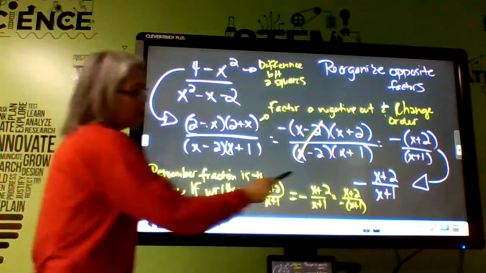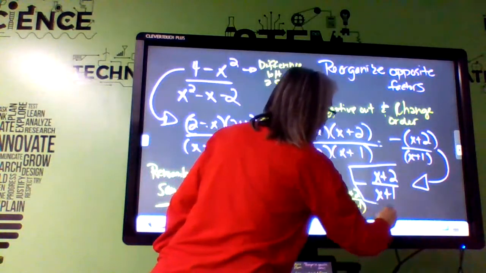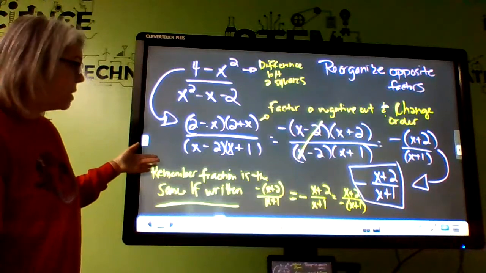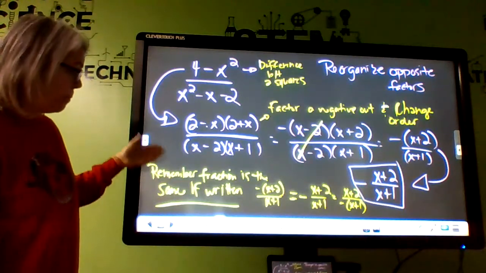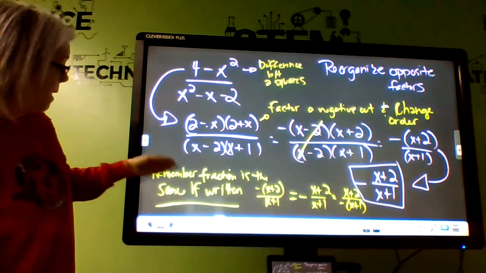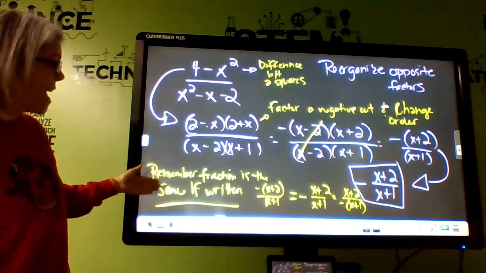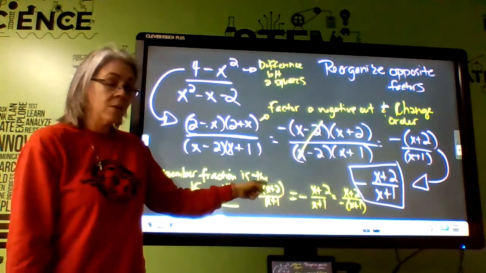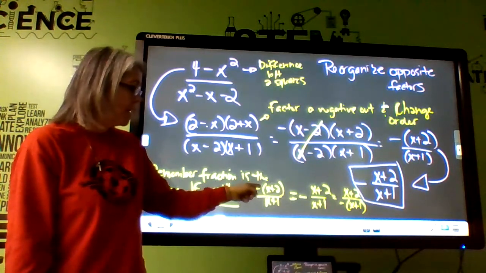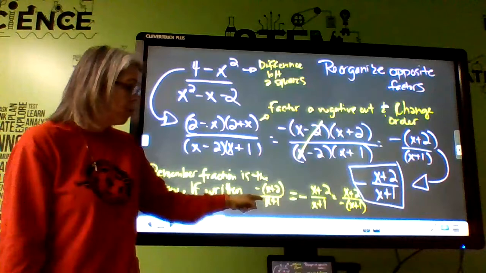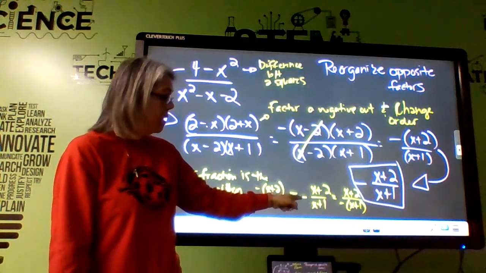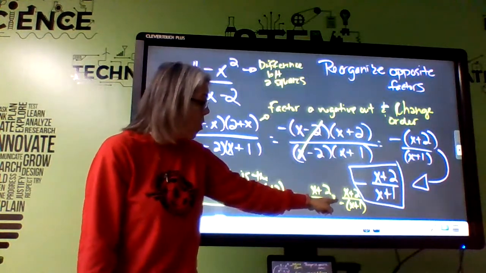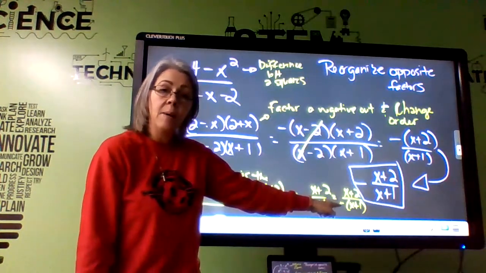So we can write that like that. Okay? Remember, fractions are the same. The negative times the quantity x plus 2 over x plus 1 is the same with the negative sign in the middle of the fraction, and it's the same with the negative sign in the denominator.